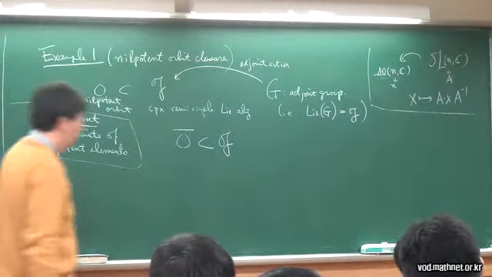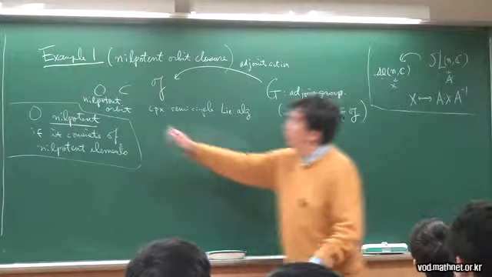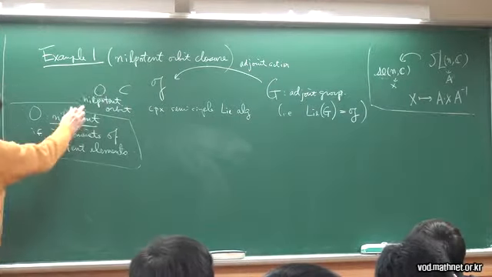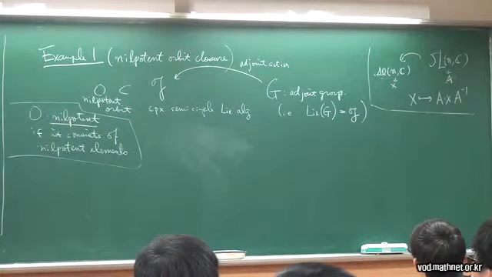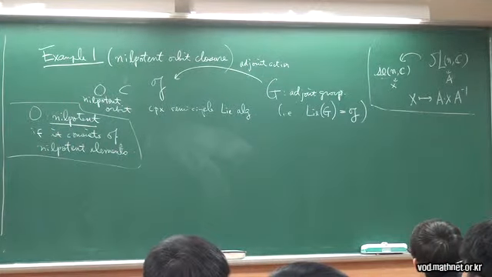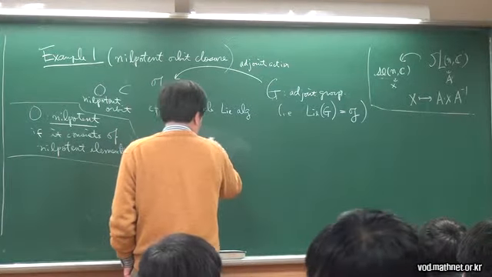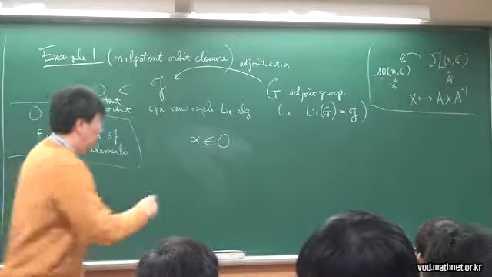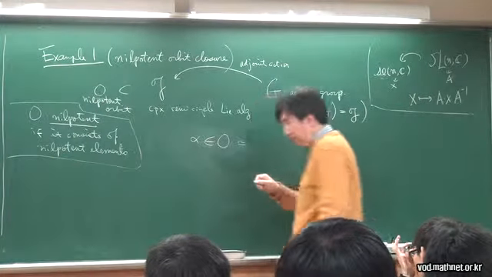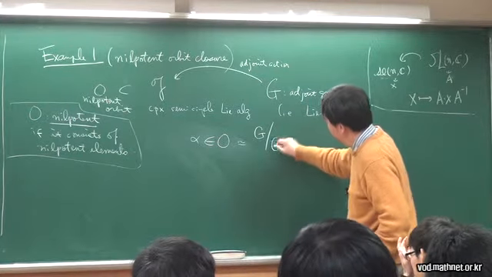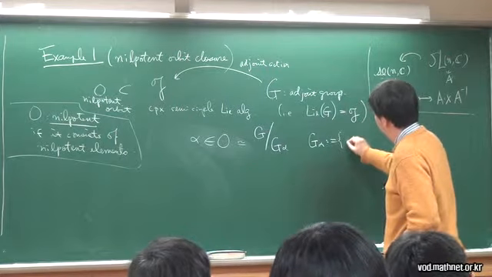Now, the orbit itself is a homogeneous variety, so it is non-singular. But it admits a natural symplectic structure. It is called the Kirillov-Kostant two-form. I want to explain this. If you take a point alpha from O, then it can be identified with G mod G_alpha, where G_alpha is the stabilizer group of alpha.